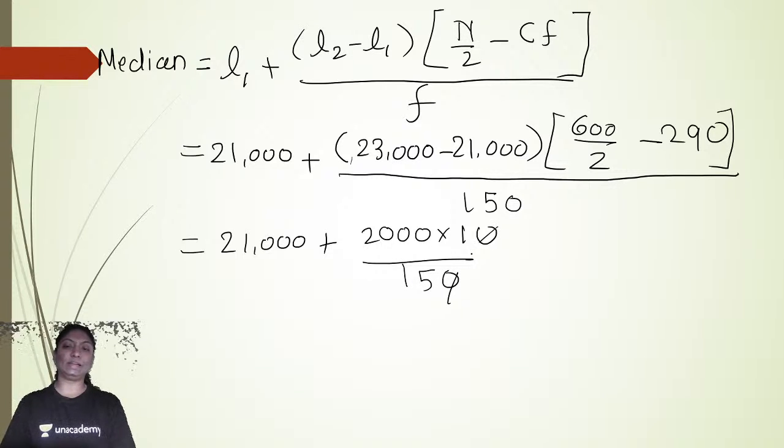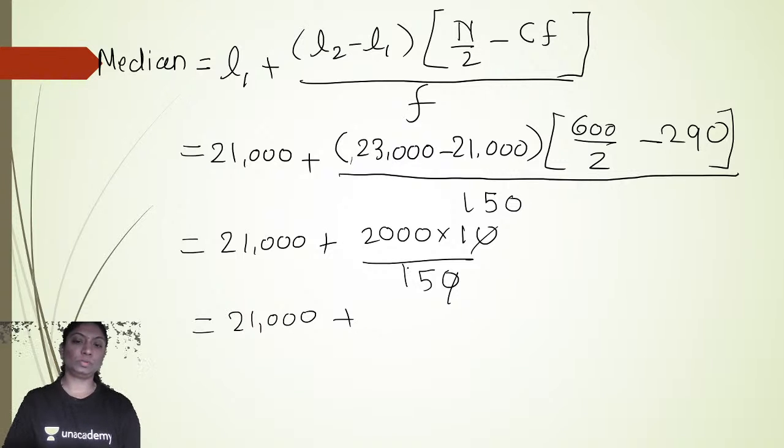Calculate here directly. So that will be your 20,000 upon 150. So 2000 upon 15 is equal to 133.33.